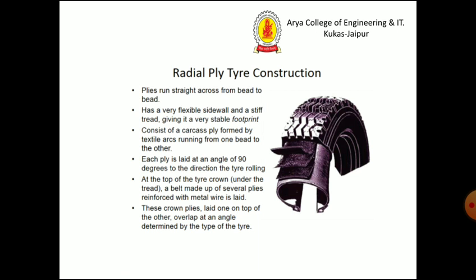Each ply is laid at an angle of 90 degrees to the direction of the tire rolling, and at the top of the tire crown under the tread, a belt made up of several plies reinforced with metal wire is laid. These crown plies, laid one on top of the other, overlap at an angle determined by the type of the tire.